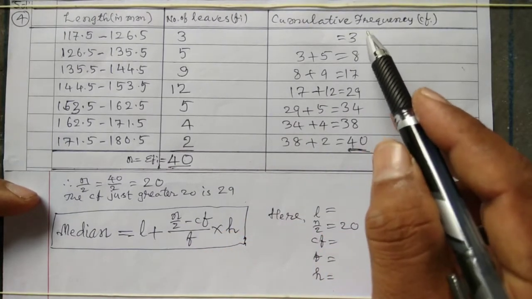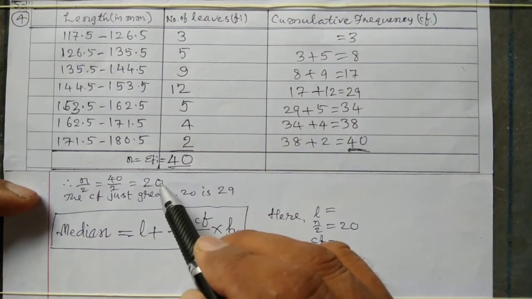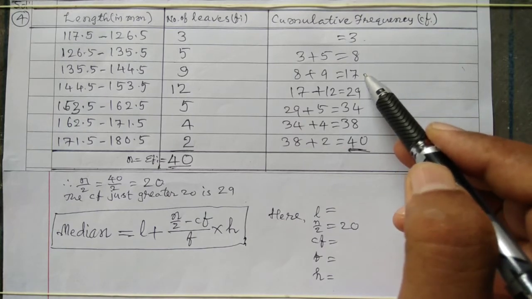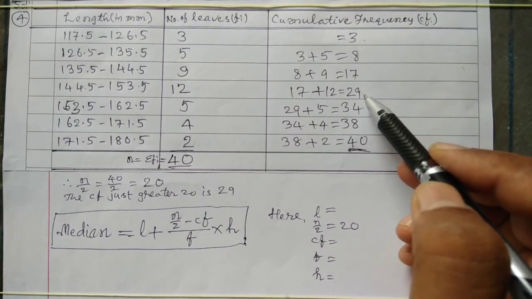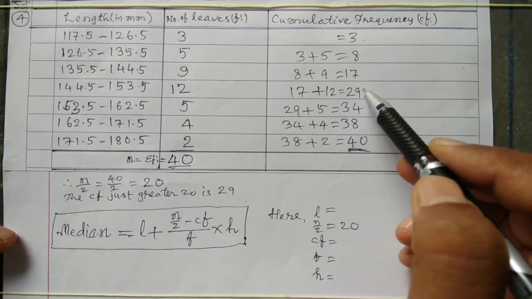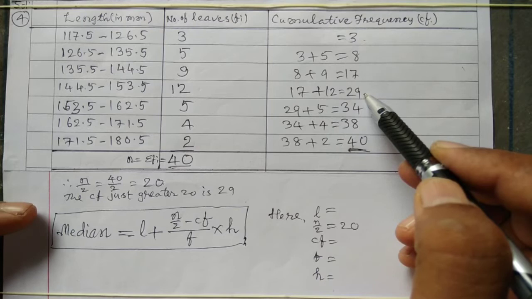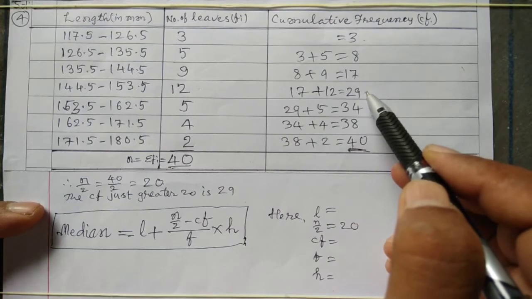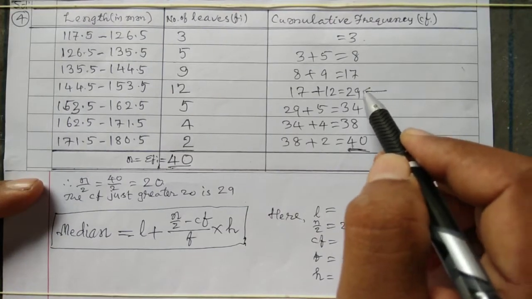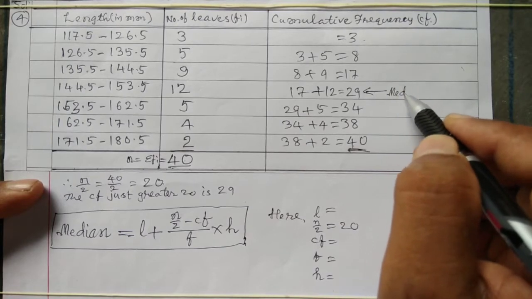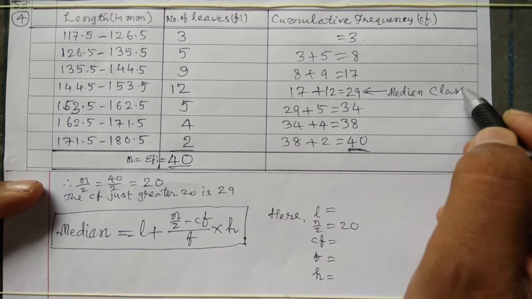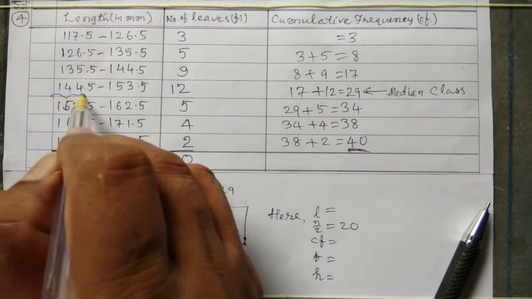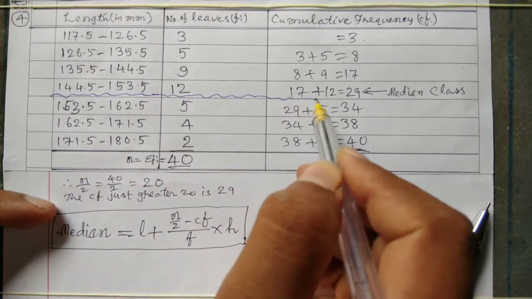If we observe the cumulative frequencies, we can identify the median class. 20 is not greater than 3, not greater than 8, not greater than 17, but it is less than 29. So the cumulative frequency just greater than 20 is 29, and this is called the median class. We have to identify the median class clearly.